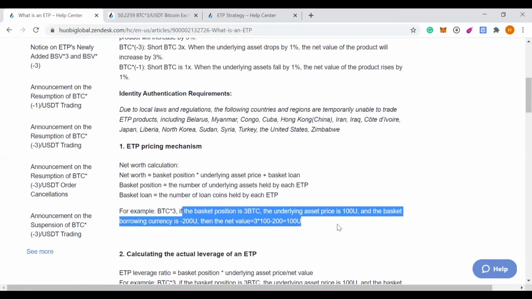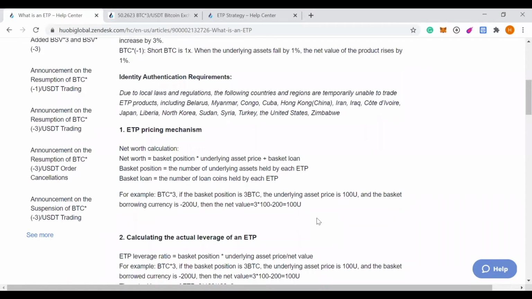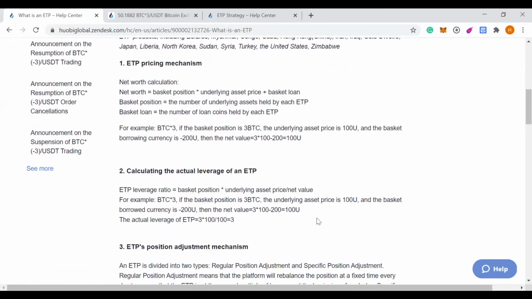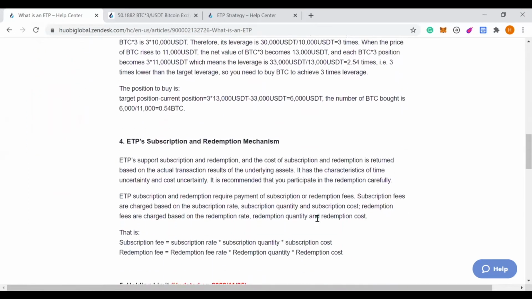All that means is that if it goes up aggressively, you're going to make money, as long as it's within a period of time where your management fee does not outweigh the value of the increase. Okay, so this is just a little overview of that.